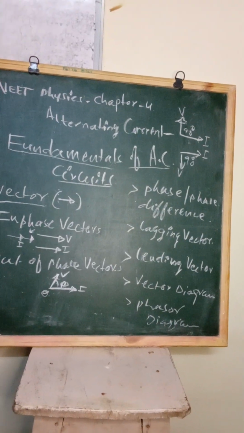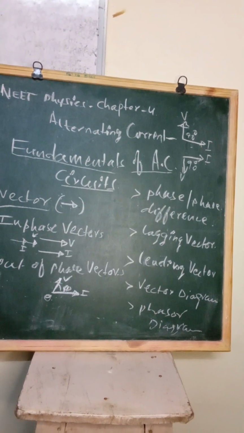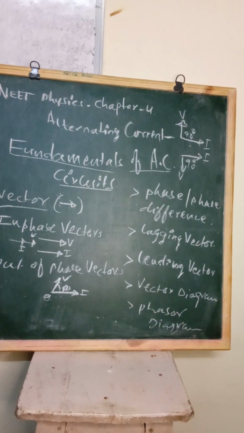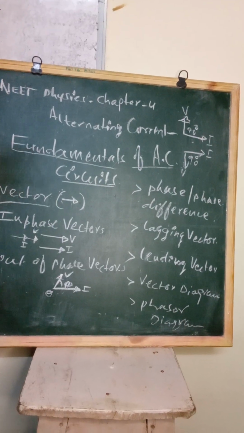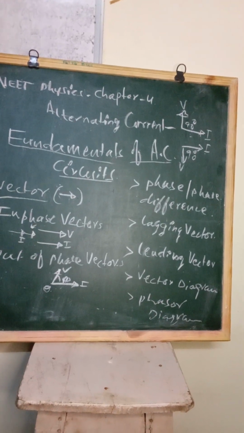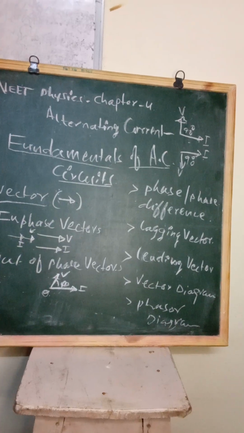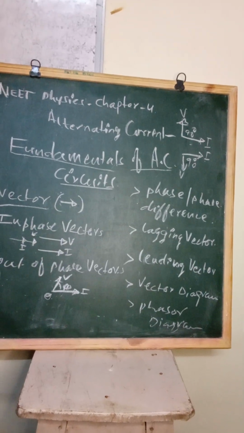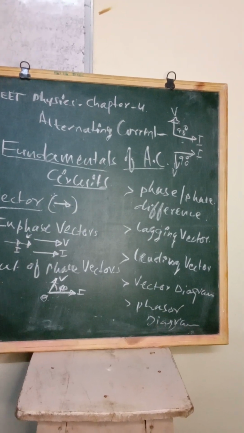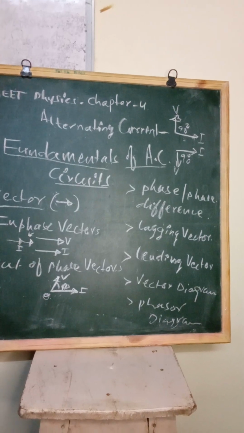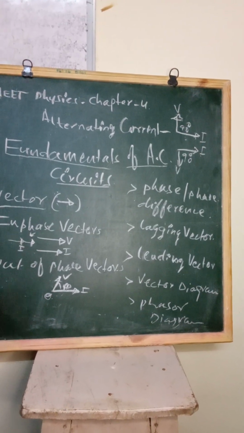Then what about the vector diagram? A figure representing a number of vector quantities acting at a point in different directions with different magnitudes, at some angle to each other, is called a vector diagram.